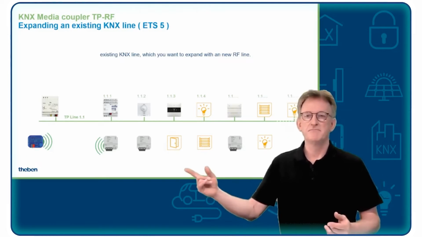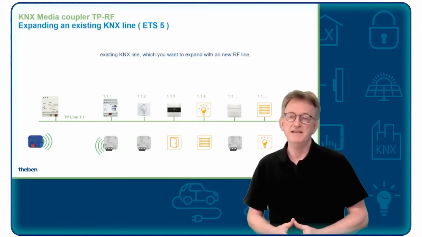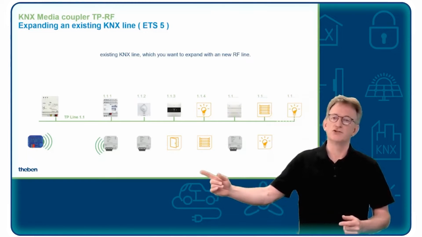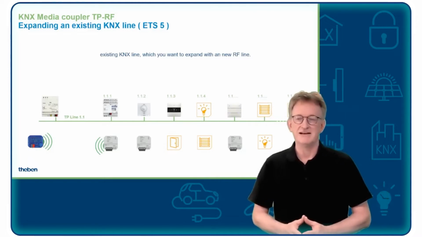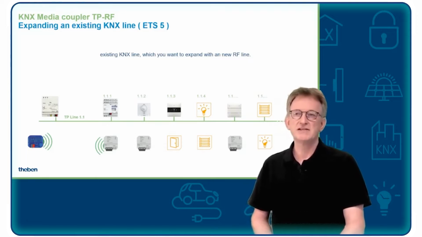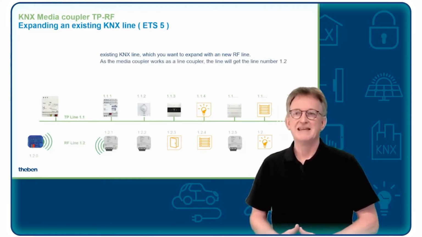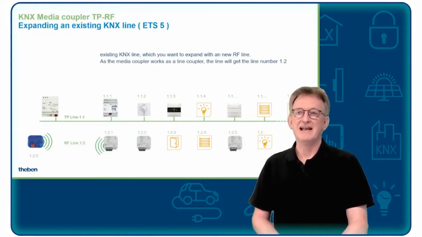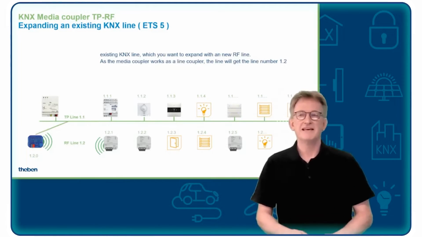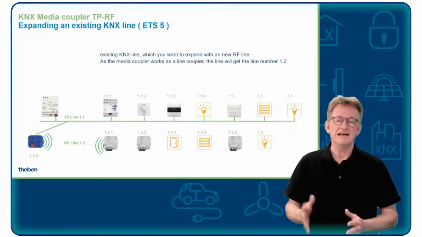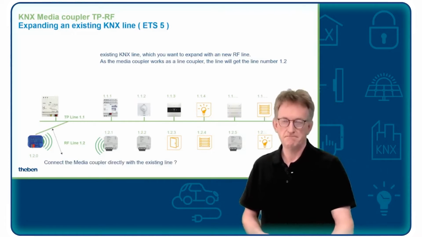What is needed on the left side: a media coupler, but also for sure several KNX devices. And now the question is, how do you connect that RF line, which will be line 2.2, to the existing line?